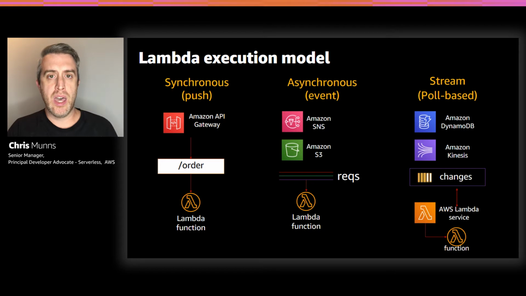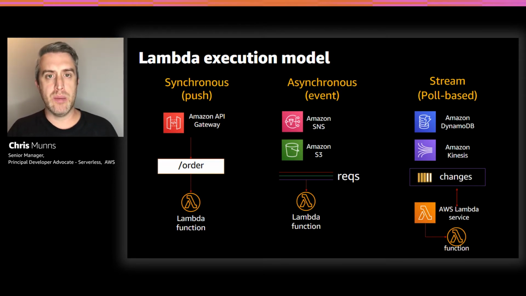And then lastly, we have a stream or poll-based model. The stream model that we have today is supported by DynamoDB Streams and Kinesis Data Streams. We also support SQS, which is a queuing service. In that case, it works a little bit differently than Kinesis and DynamoDB. Now, with all of these models, typically what would happen is you would need to pull the messages or the data out of those services.